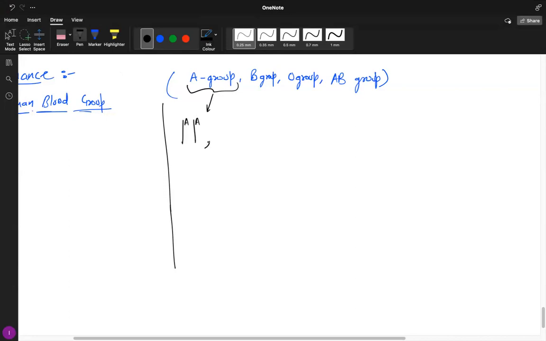So what is the other way an A group can come? If from your mother you get an A allele and from your father you get an O allele. Basically, what does the O allele mean? Does anyone have an idea?